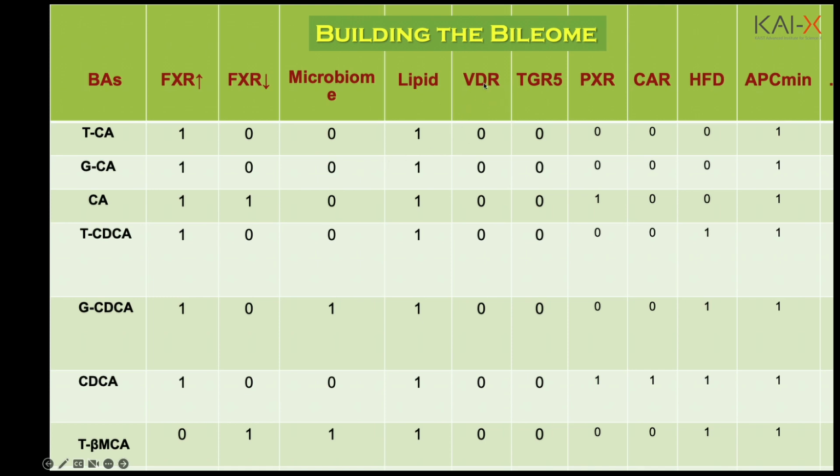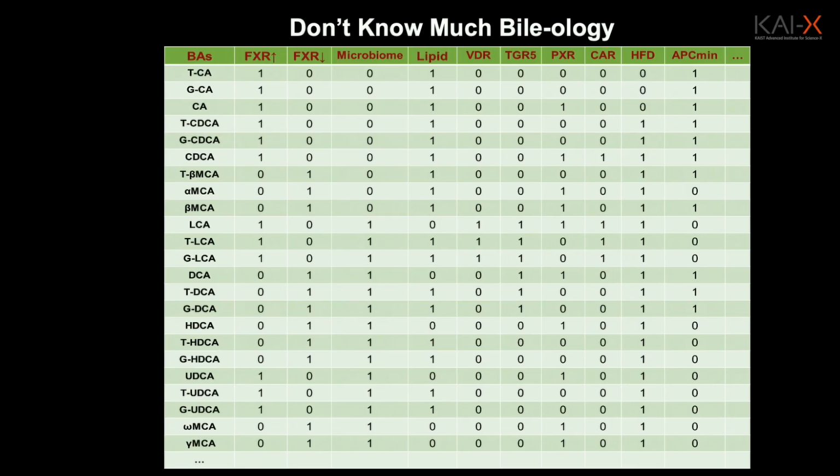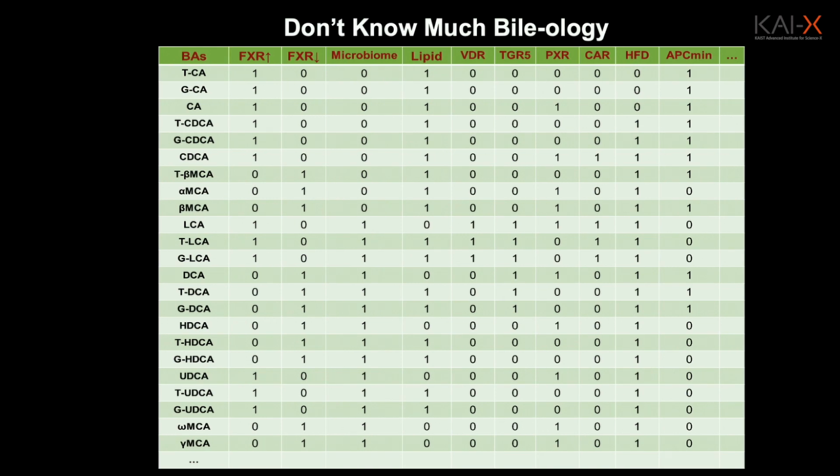Do they interact with vitamin D receptor, TGR5, any of these other receptors that I've already mentioned? How do they impact the APC-Min pathway? And you can just increase the depth of this and begin to deconstruct something that has been around for 100 years, but now in an entirely new way.